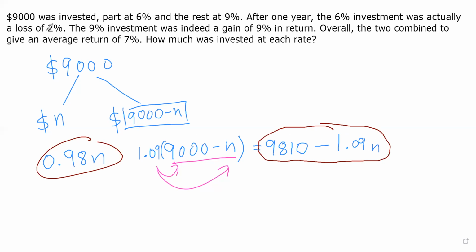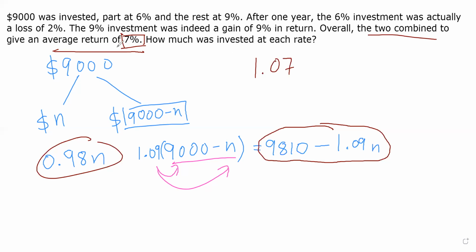Now, here it says that the two combined to give an average return of 7%. 7% of what? 7% of what was invested in total. So $9,000 was invested in total, right?